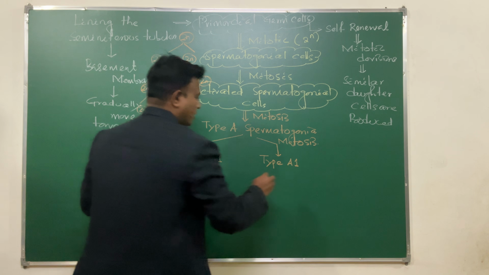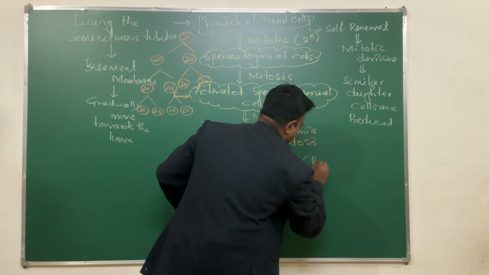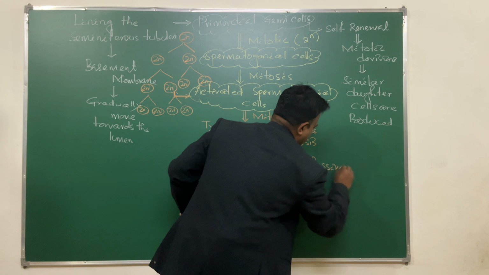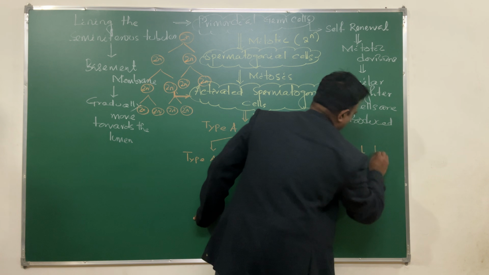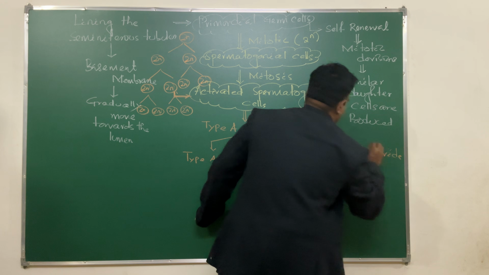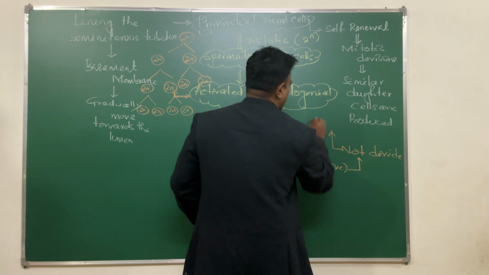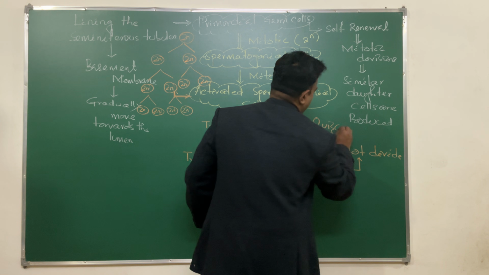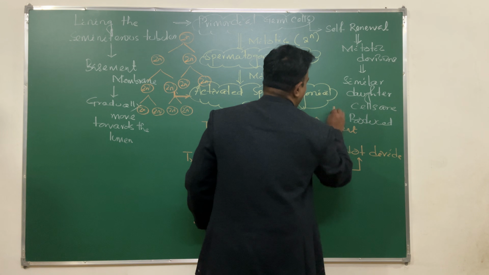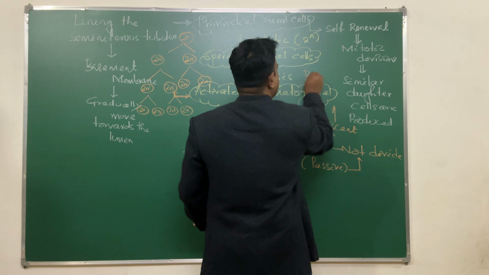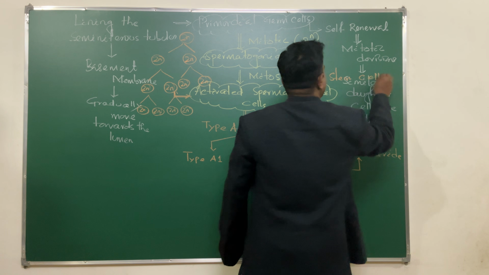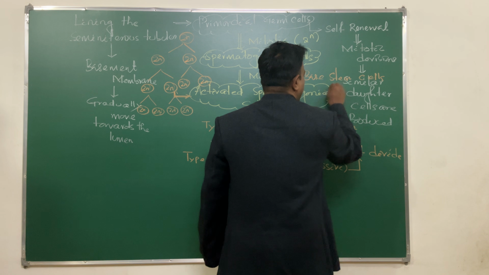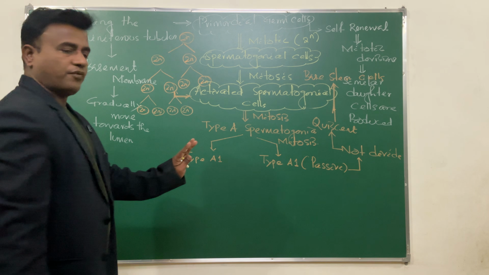Again, the daughter, this is a passive cell. It will not divide. It will remain quiescent and will serve as base stem cells. When it is required, they may divide, but for the time being, they are not dividing.